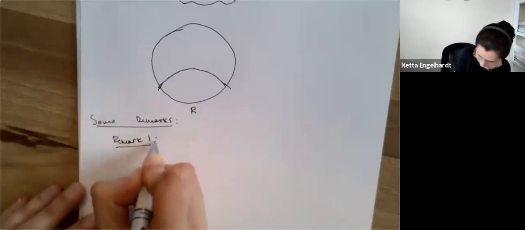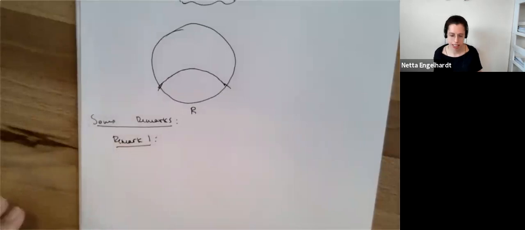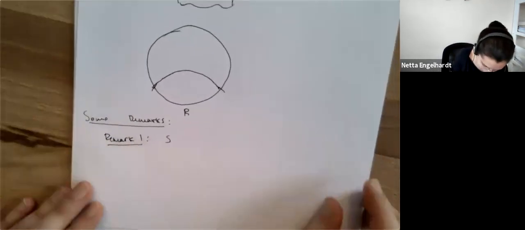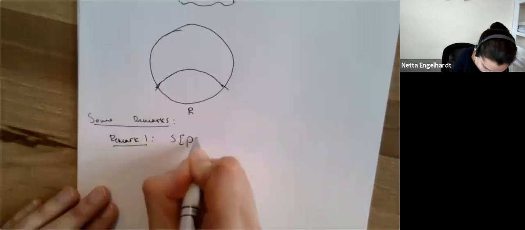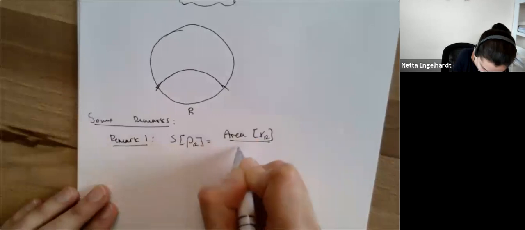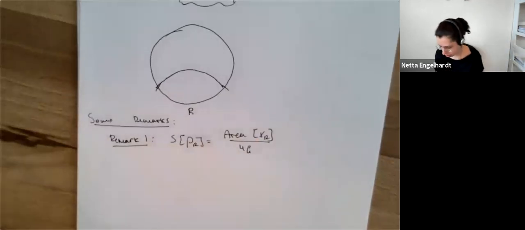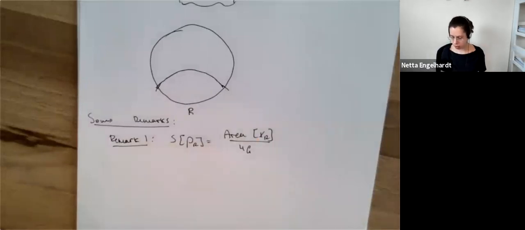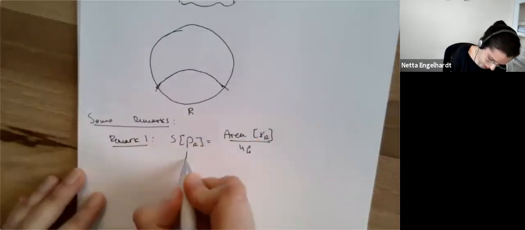All right, remark one. Formally, this is infinite on both sides. Let me write it again. We have S of rho R equals the area of X_R over 4G. Again, this is formally infinite on both sides. We already know this thing is UV divergent.